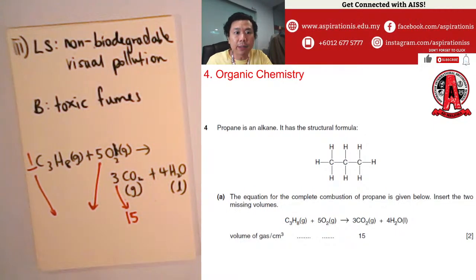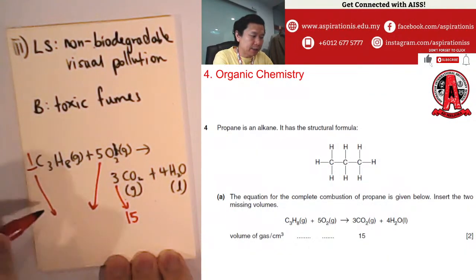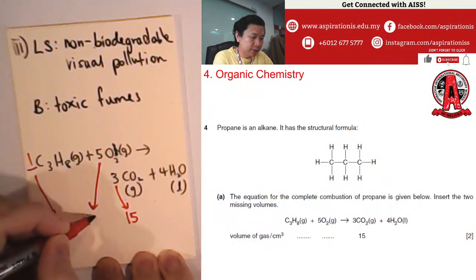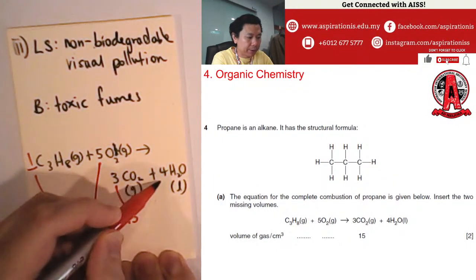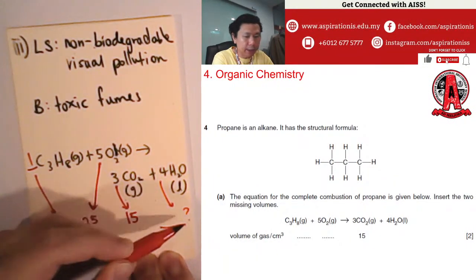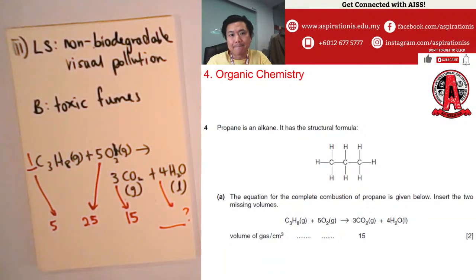Jayshree, write down the volume of the hydrocarbon and the oxygen for me, please. Thank you. 5 and 25. So the factor is by 5. What about this one here? Can somebody write down the volume, please? What is the volume of water?